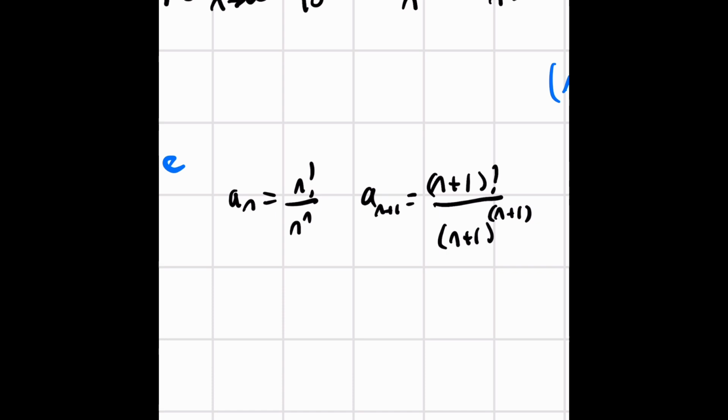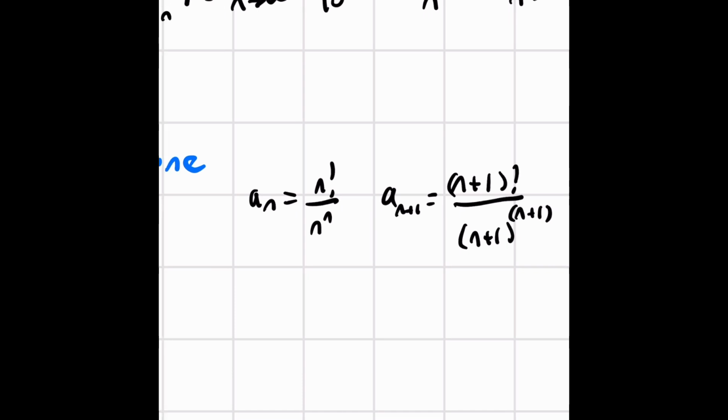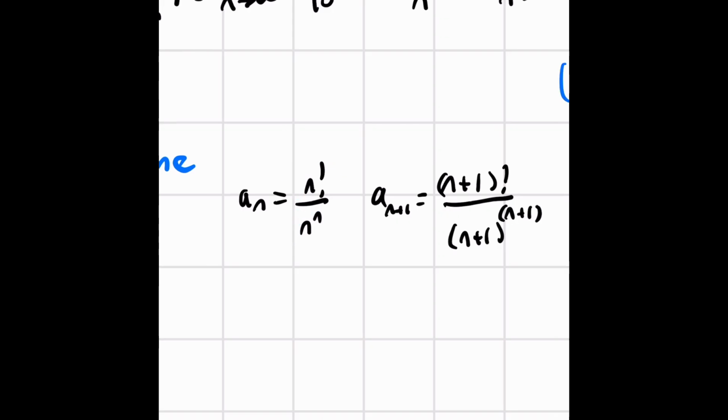Now again, this is fairly deceptive because we would love to just take the nth root here and cancel that out, but talking about the nth root of n factorial is really weird. So for that reason, we're going to use the ratio test, because at least that cancels the factorial, and maybe something nice can happen in terms of handling the n plus 1 to the n plus 1 power.